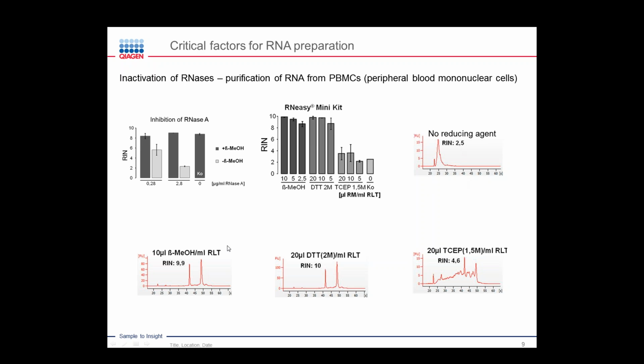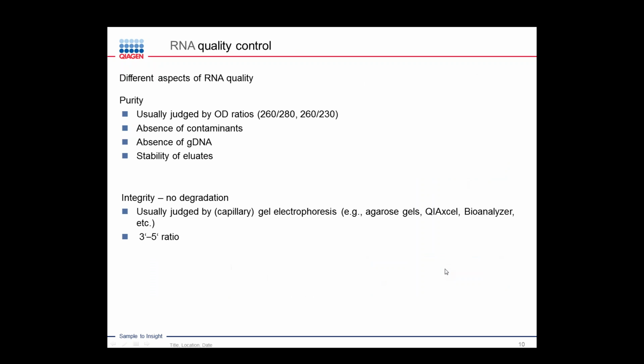With the addition of beta-mercaptoethanol or DTT at a recommended concentration, you obtain high-quality RNA from the sample type, with RIN values of 9.9 and 10. The addition of TSAP is not sufficient to prevent degradation of the RNA, resulting in a RIN value of 4.6.